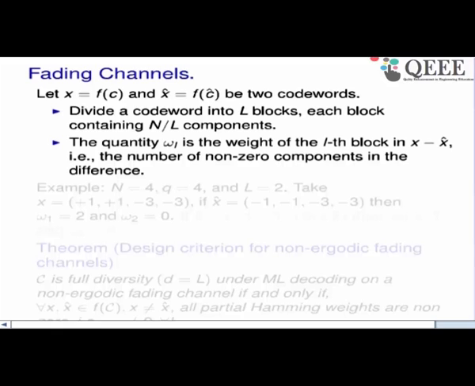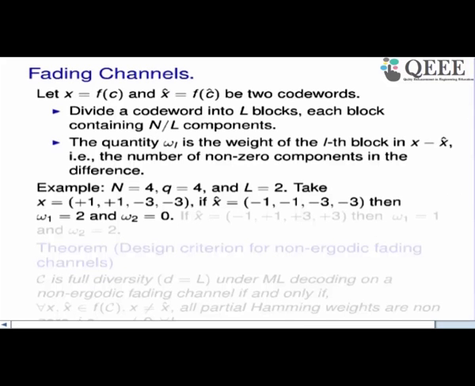Take an example. Suppose n is equal to 4, and you are taking 4-AM. So it takes 4 values, plus or minus 3, plus or minus 1. These are the 4 values, that is, I am assuming a 4 amplitude modulation.